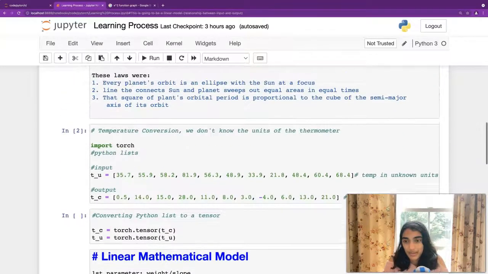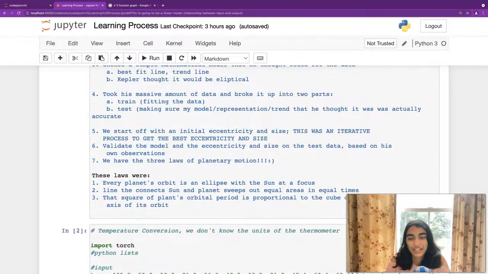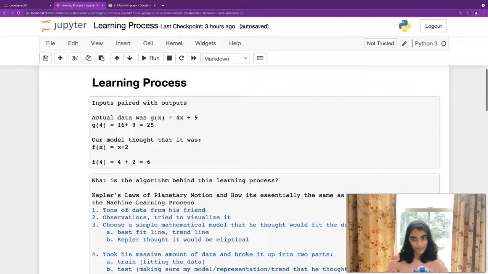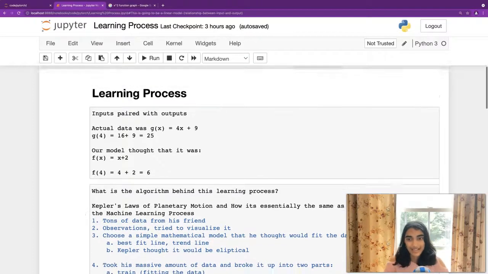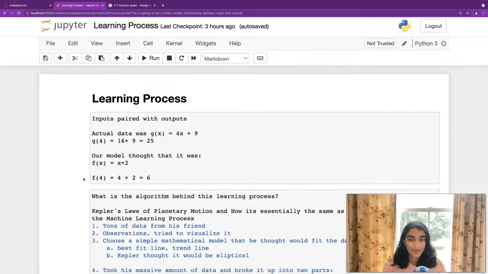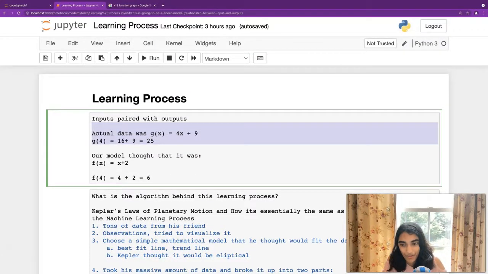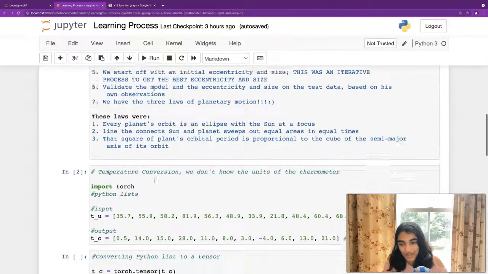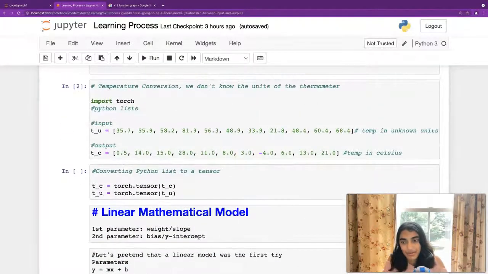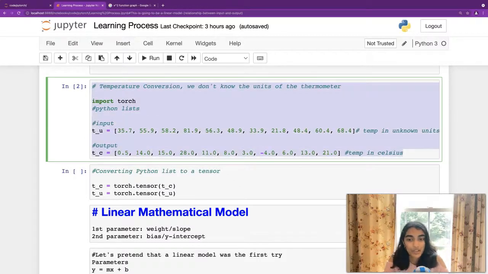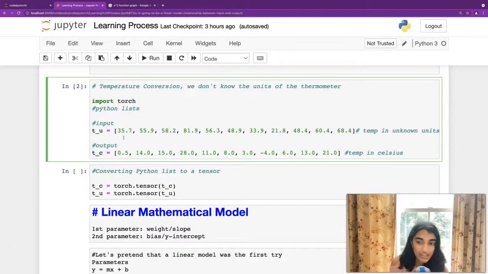And I think we reiterated multiple times the main points of today's video, so I'm not going to go through that again. We have actual data and what our model thought it was. We talked about loss functions. We defined the problem statement that we're going to be working on. We talked about how linear relationships play an important role in real complicated deep learning models, even though nonlinearity makes it interesting.